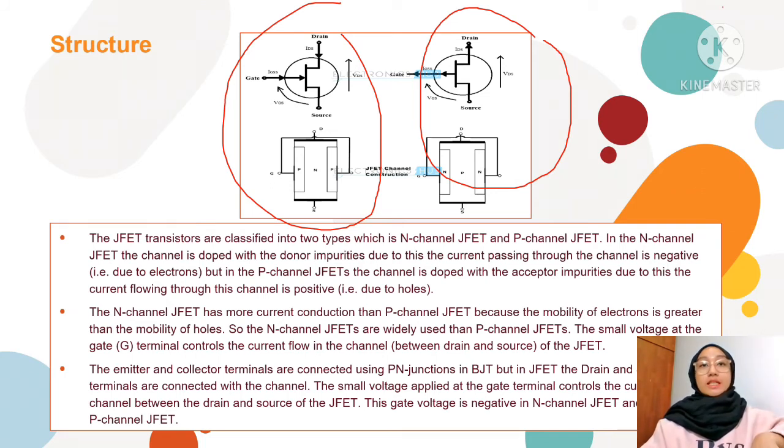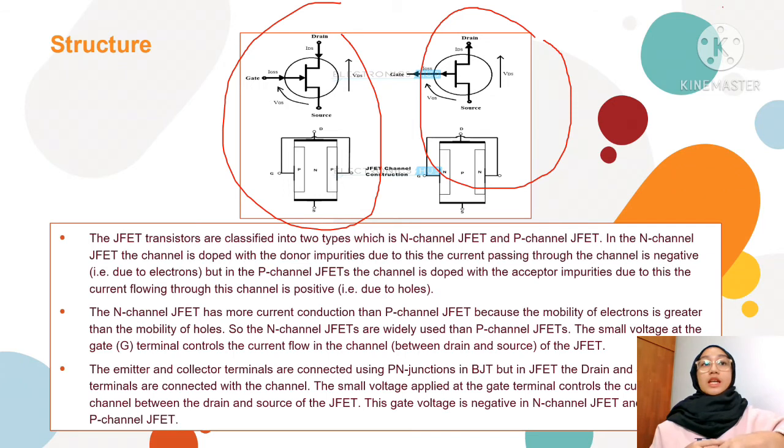But in P-channel JFETs, the channel is doped with acceptor impurities, and the current flowing through the channel is positive, which is holes. The N-channel JFET has more current conduction than the P-channel JFET because the mobility of electrons is greater than the mobility of holes. So the N-channel JFET is more widely used than the P-channel JFET.